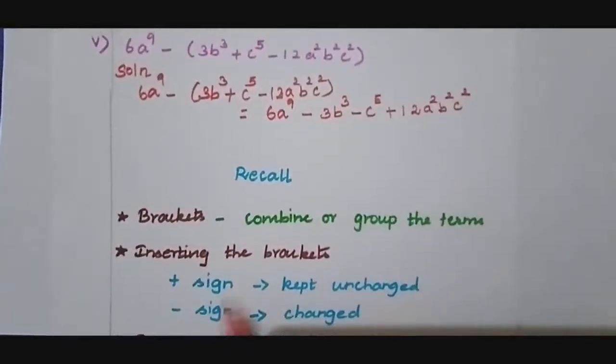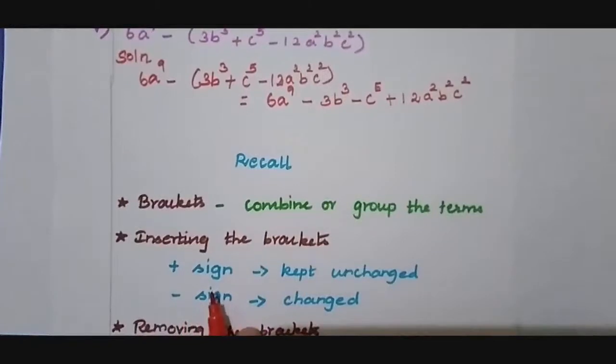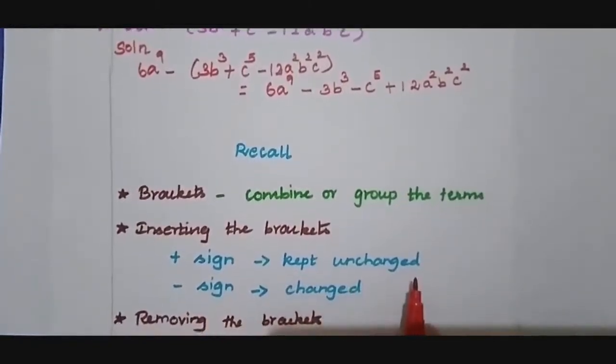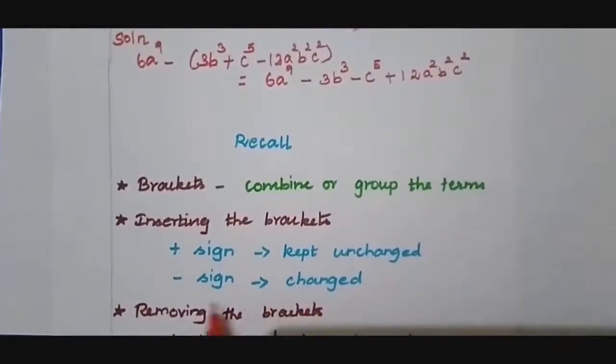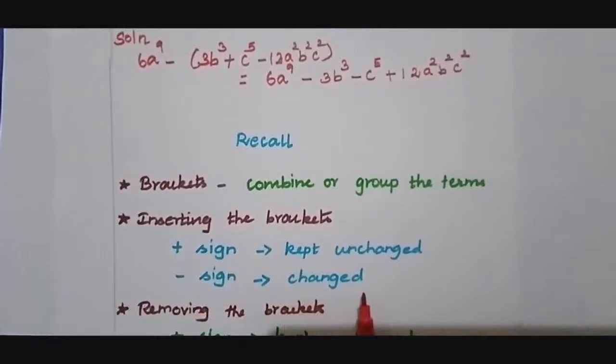While we are inserting the brackets, if it is preceded by positive sign, the terms inside the brackets are kept unchanged. If it is preceded by negative sign, the terms inside the brackets are changed by its sign.